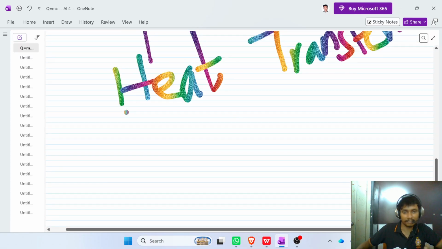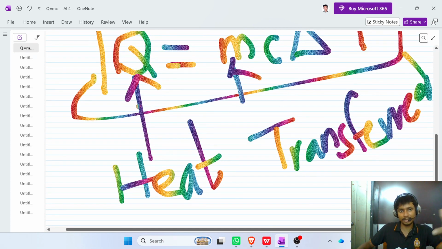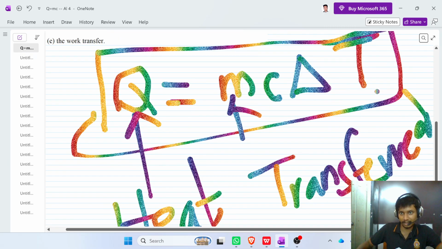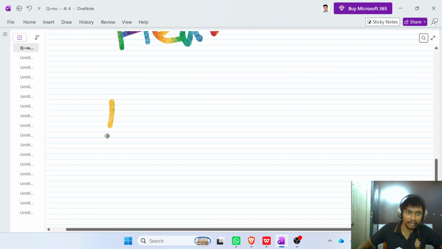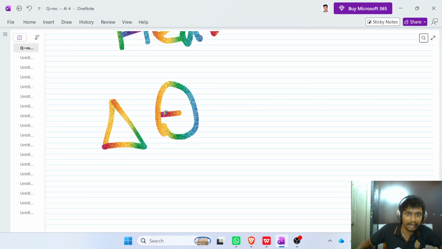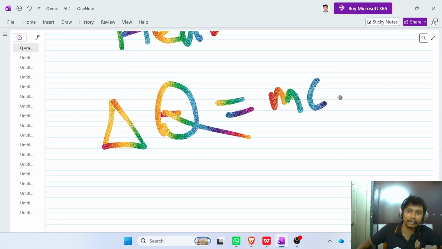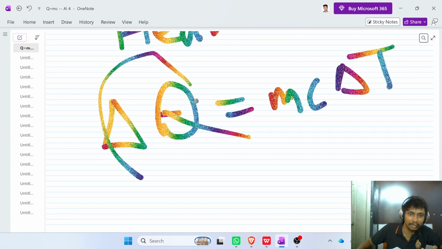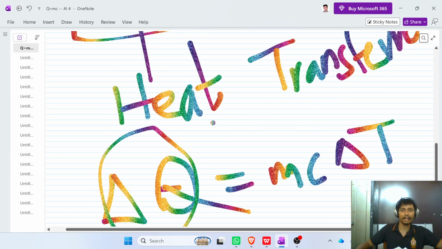In some books you will find this equation written as Q is equal to mc delta T. But in some engineering books you will find the equation like delta Q is equal to mc delta T. They will use delta Q because it is the heat transfer.